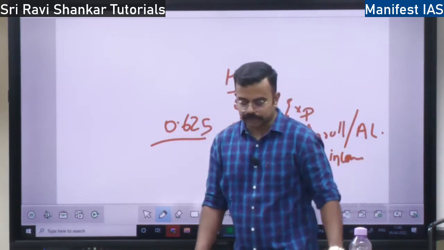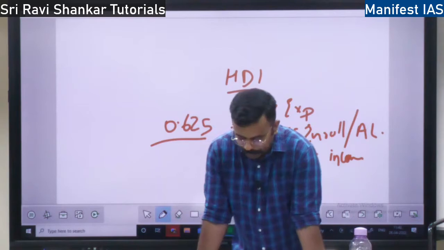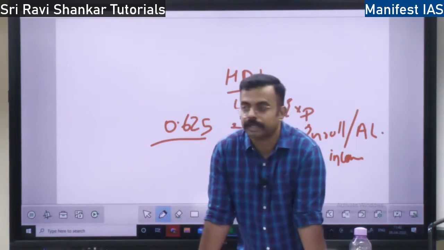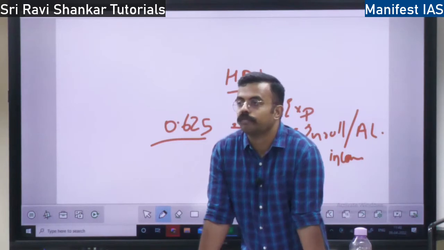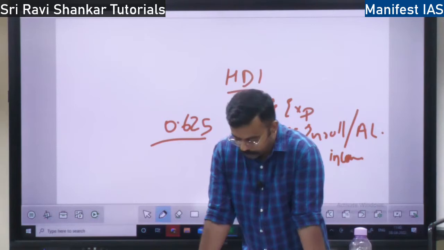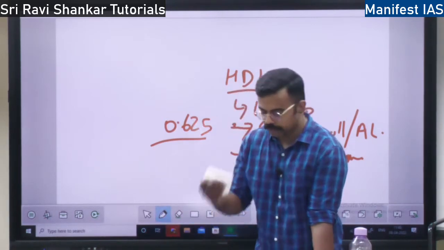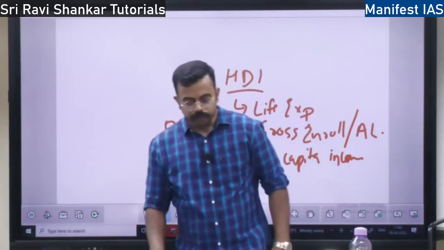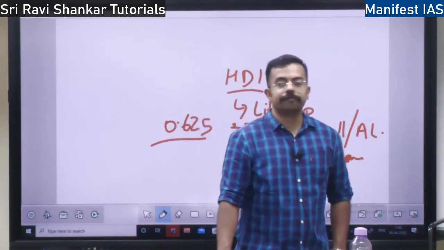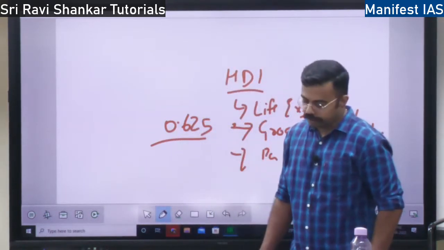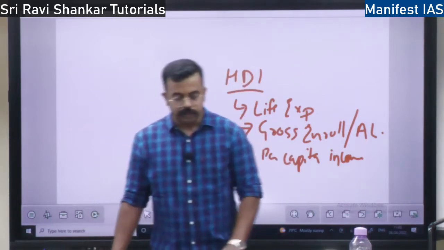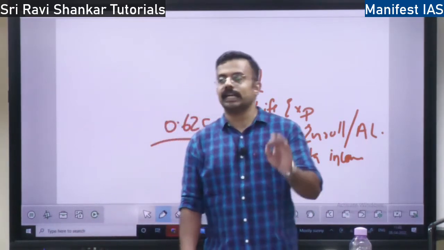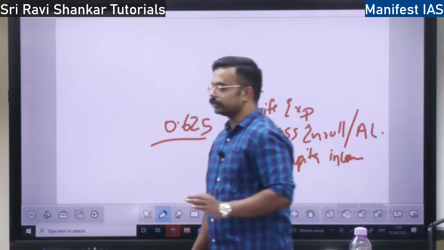The National Human Development Index measures development based on economic attainment. Which states are economically powerful? That is what it measures. It has multiple factors.